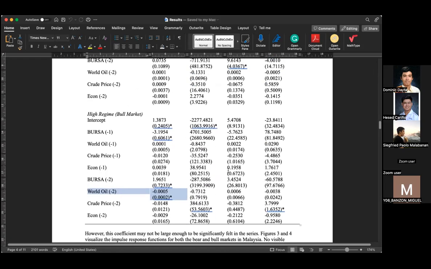So when you say oil price shocks, that is the shock from crude price. And when you say aggregate demand shock, that's coming from the economic activity. And then oil-specific demand shock pala si crude price. Si oil production, si oil supply shock. They're just represented by their corresponding variables.